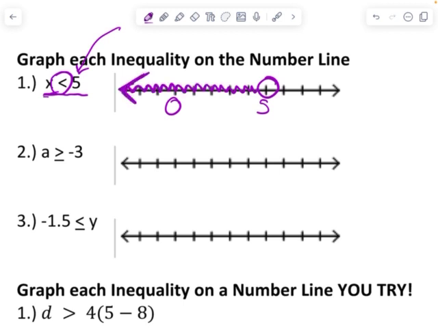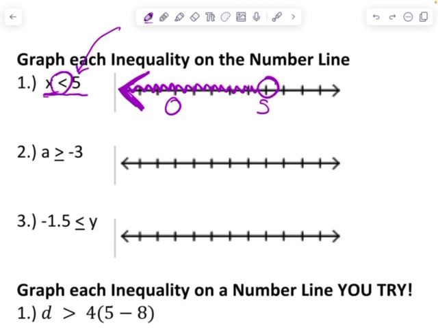So what I'll do is take my pencil or my pen, and scribble down to the left and exaggerate the arrow, because the numbers that are still way down here on the number line that are not shown on the paper, those values are solutions.